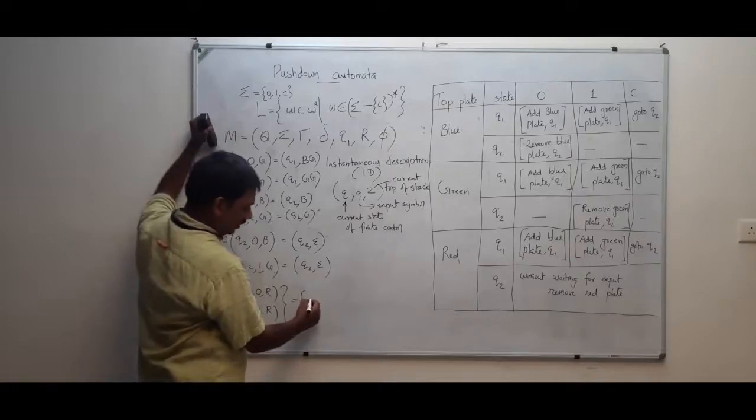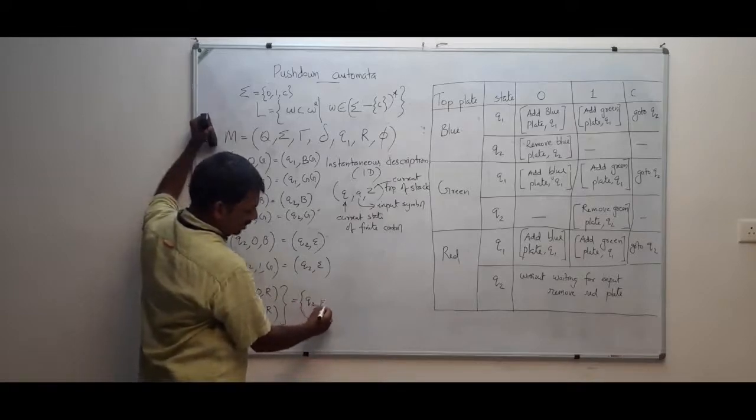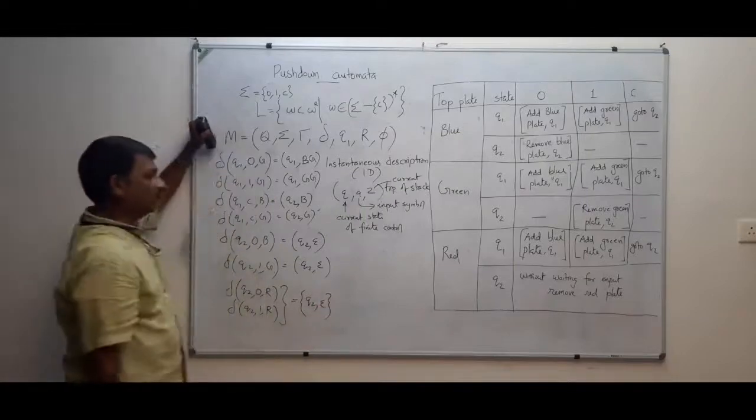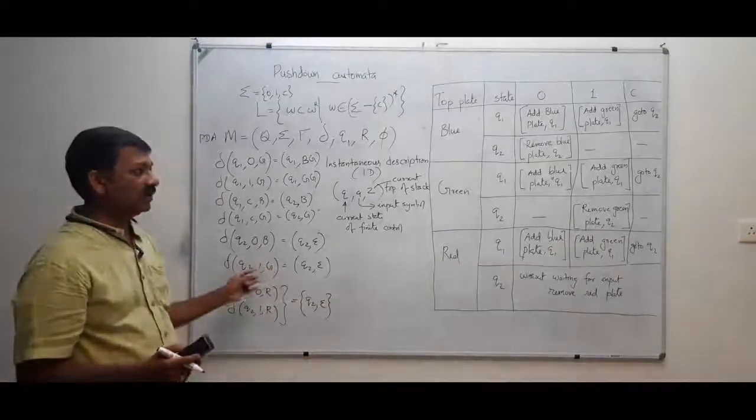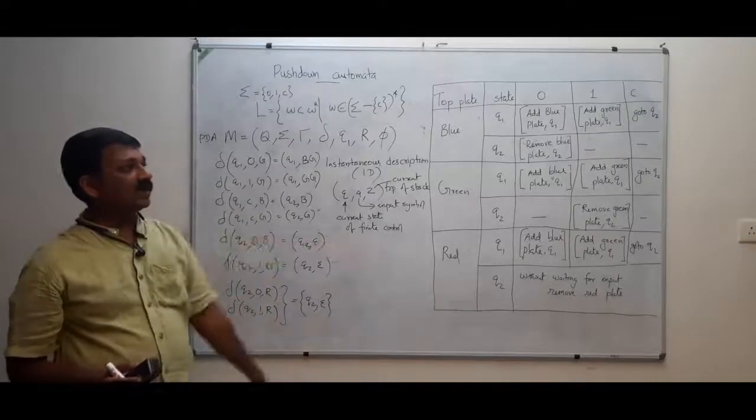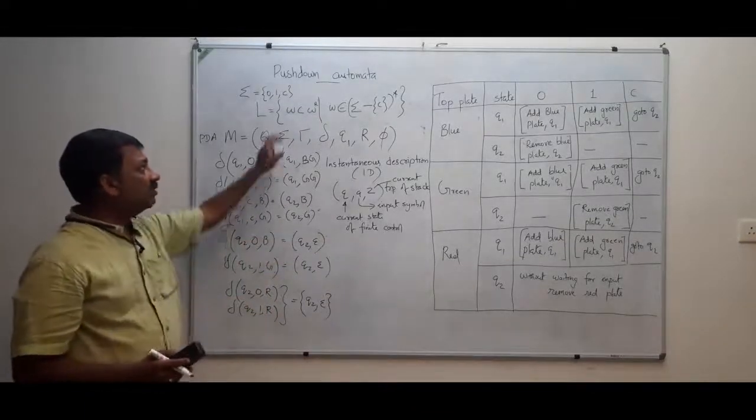That means stay in the same state and the red plate is also removed. That is why you have emptied the stack. In this way you have emptied the stack, and this is the way you are going to process WCW raised to R.